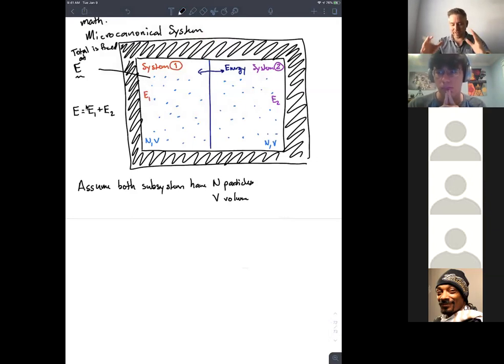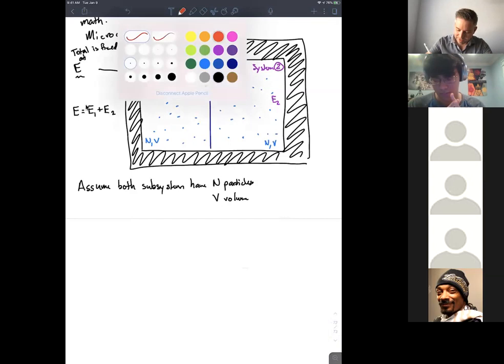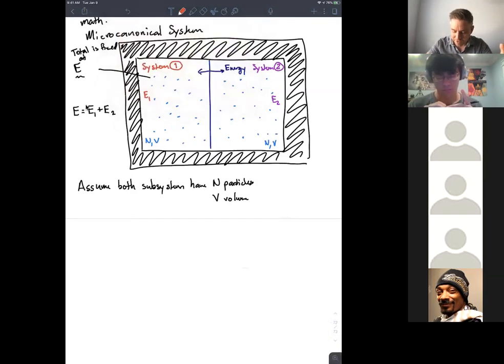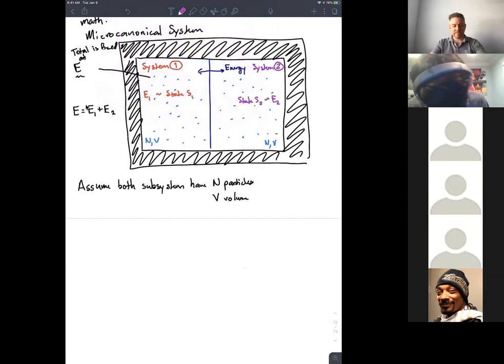All right, so now I'm going to say that if system 1 has energy E1, that corresponds to it being in a state that I call S1. And similarly, box 2 having energy E2 corresponds to it being in a state S2.